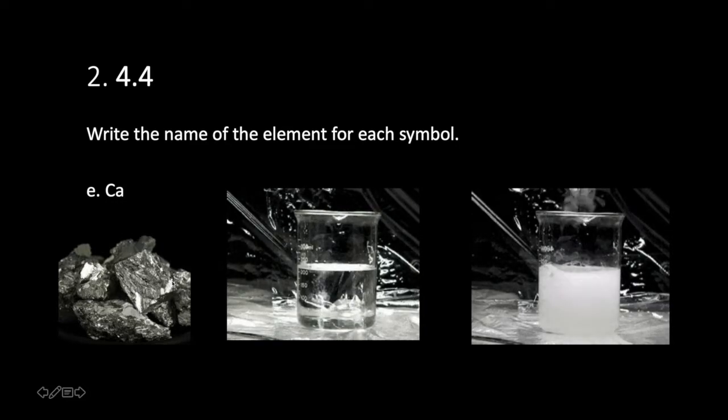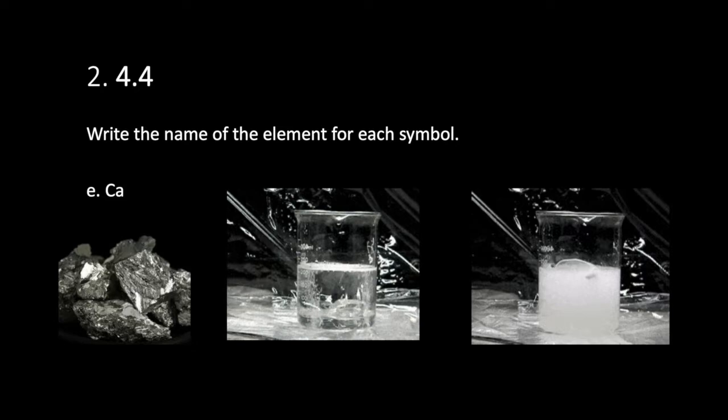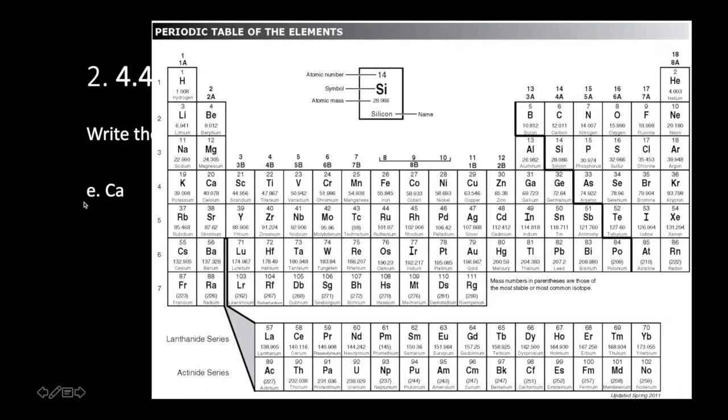It's a shiny, bendable metal, and it doesn't look like bones by itself. It's only when it reacts with other stuff, like phosphates, that it takes on that white color. So calcium, you'd notice, is in column or group 2A, and then you see the Ca, that's calcium, so what you'd write down for this one is calcium, CALCIUM is the full name for this.